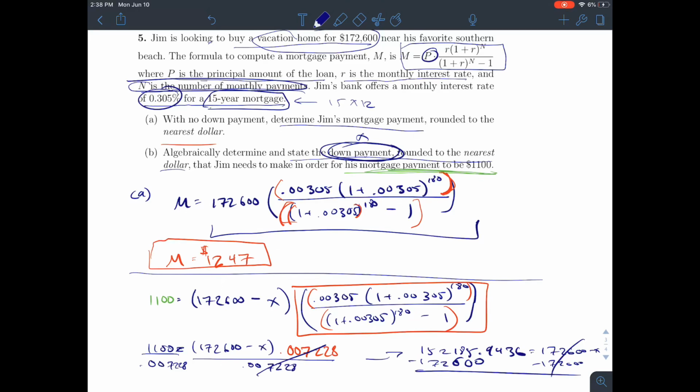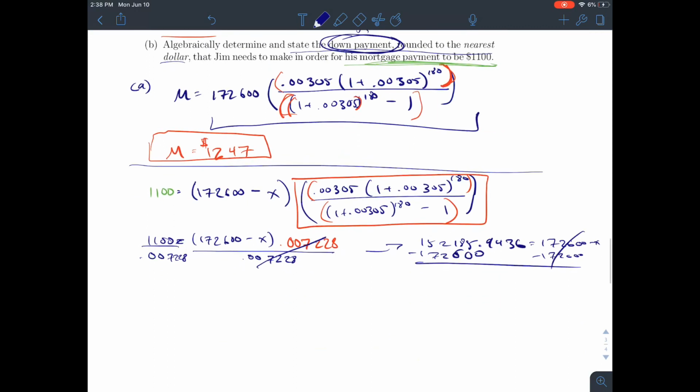Using the calculator, 172,600, that gives us negative X is equal to negative 20,414.05645. Dividing by negative 1 on both sides gives us X is equal to $20,414.